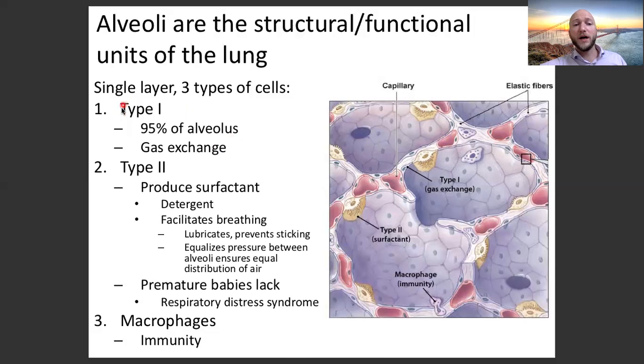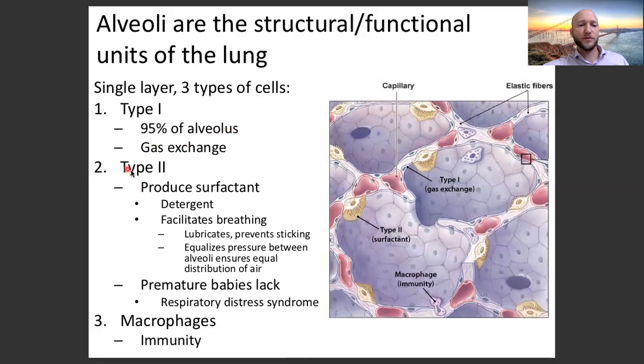The most common, type 1 pneumocytes, are 95% of the cells. And they are the gas exchange cells. Remember, the main thing we want to do is gas exchange. So 95% of our lung cells are type 1 pneumocytes. Their function is gas exchange.